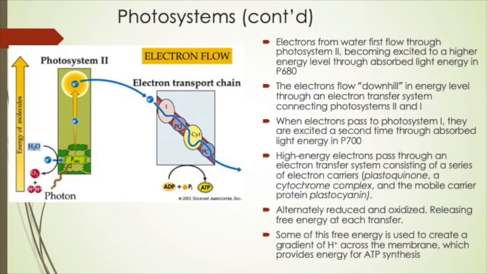So photosystem 2 has an optimum wavelength of P680, and photosystem 1 has an optimum wavelength of 700. So electrons from water first flow through photosystem 2, becoming excited to a higher energy level by first absorbing light energy at P680.